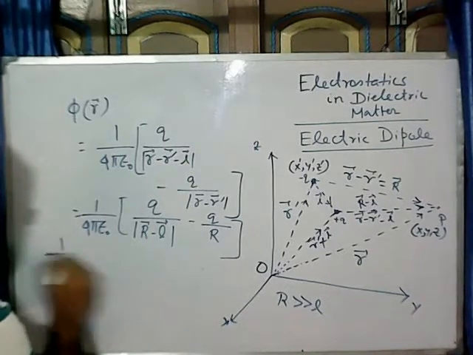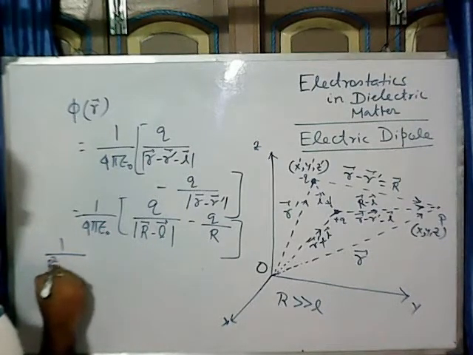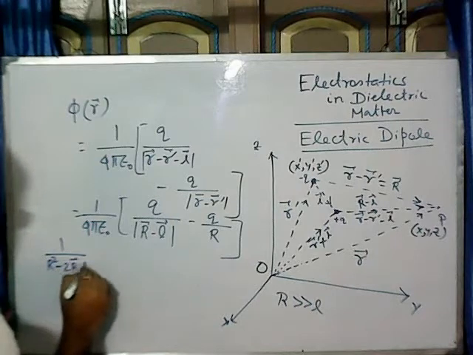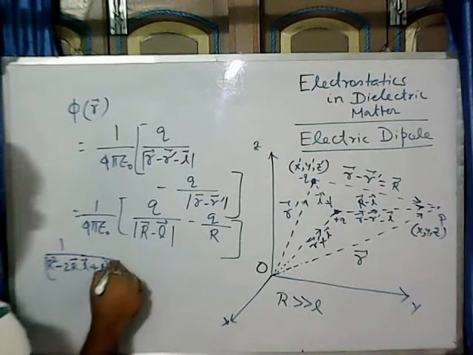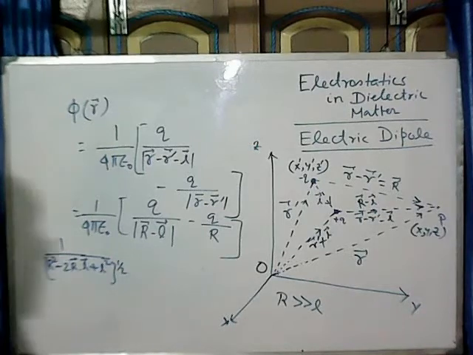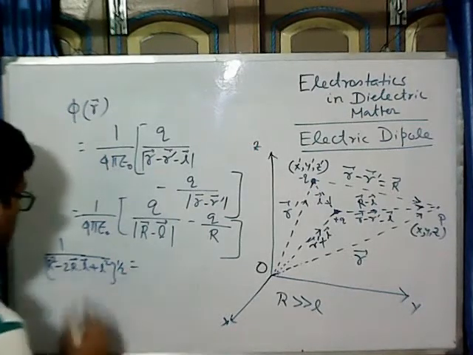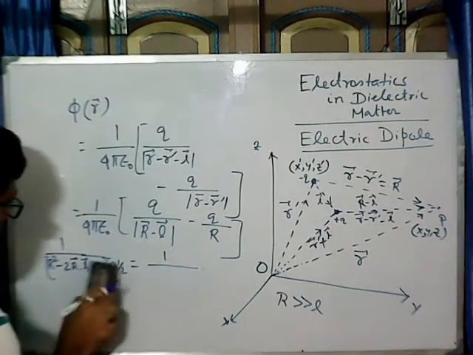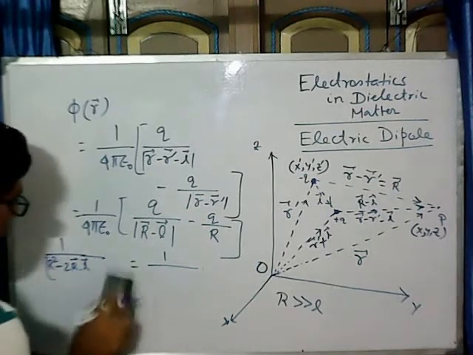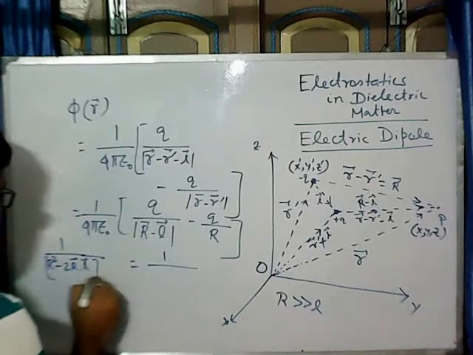So 1 by r square minus 2 r dot l plus l square to the power half. Now if we take r square, the l square part we can neglect.